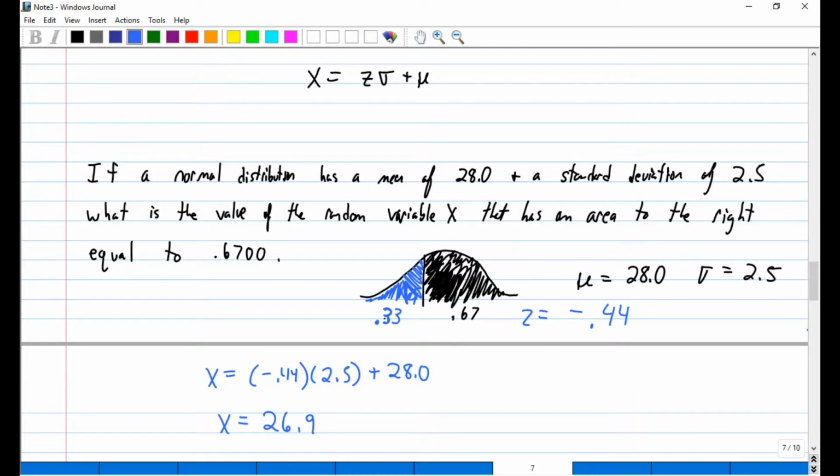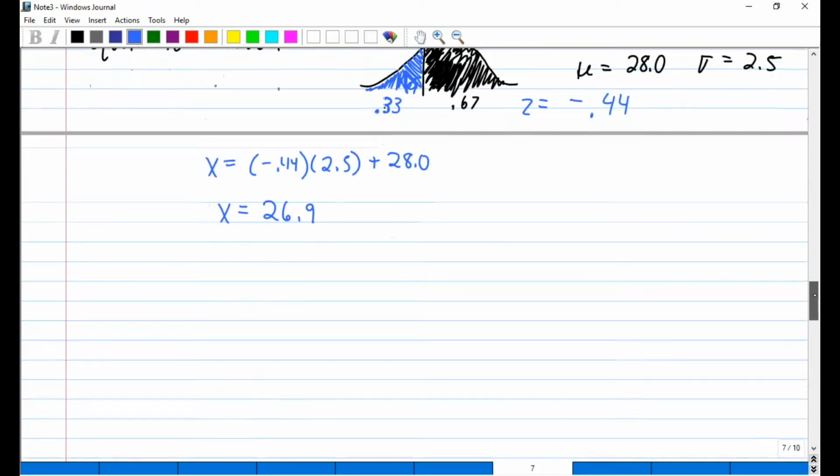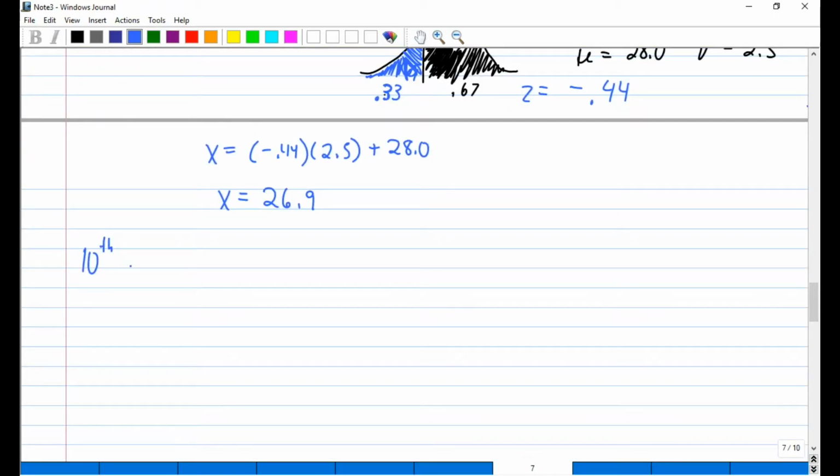So if I use this table, the tables A and B, and I want to find the z-score that corresponds to the 10th percentile, then all I have to do is look at my table and get as close to 0.1000 as possible. So what would the z-score be for the 10th percentile?